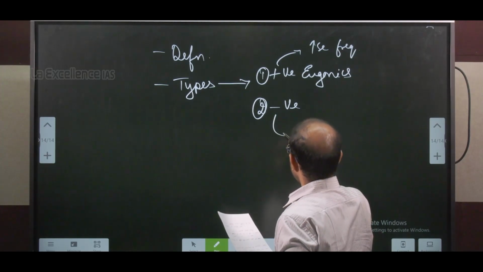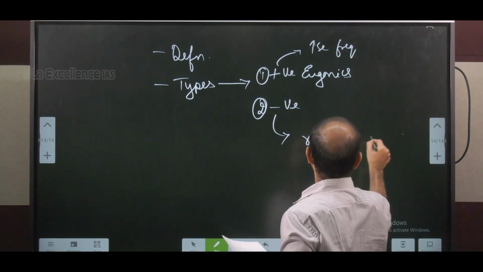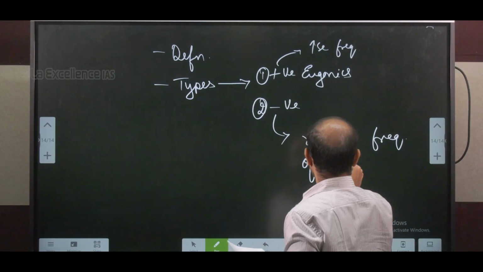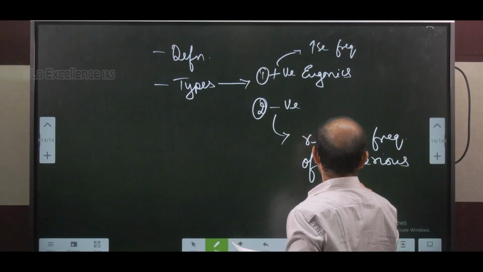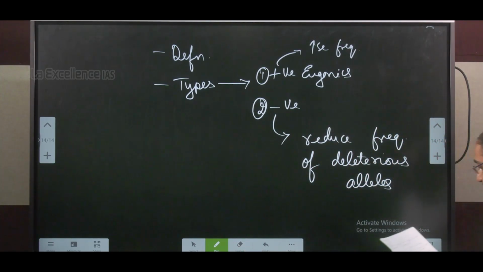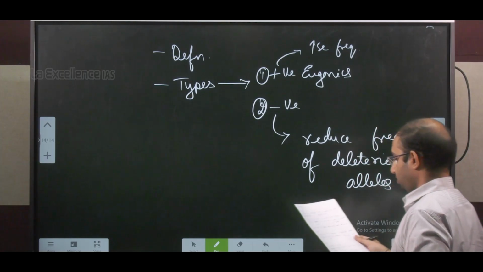Negative eugenics is to reduce the frequency of so-called deleterious alleles. That is the difference. One is trying to increase the frequency of desirable alleles, another is trying to reduce the frequency of deleterious alleles.